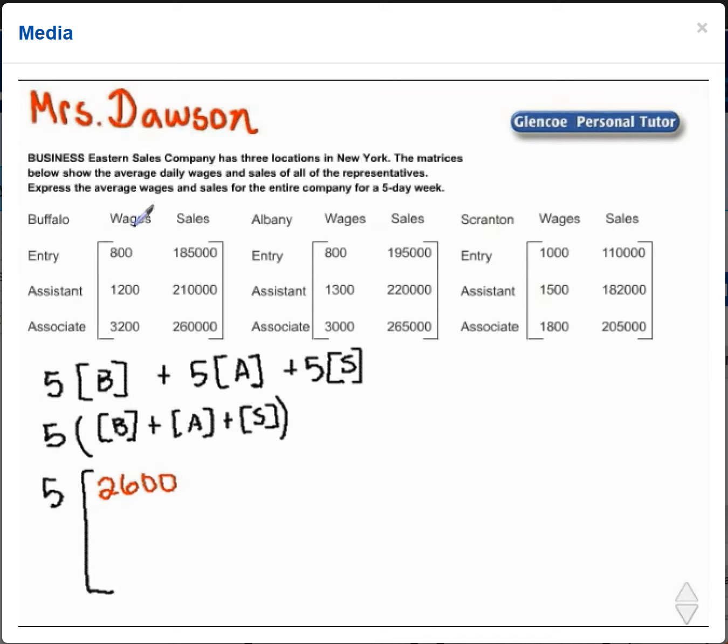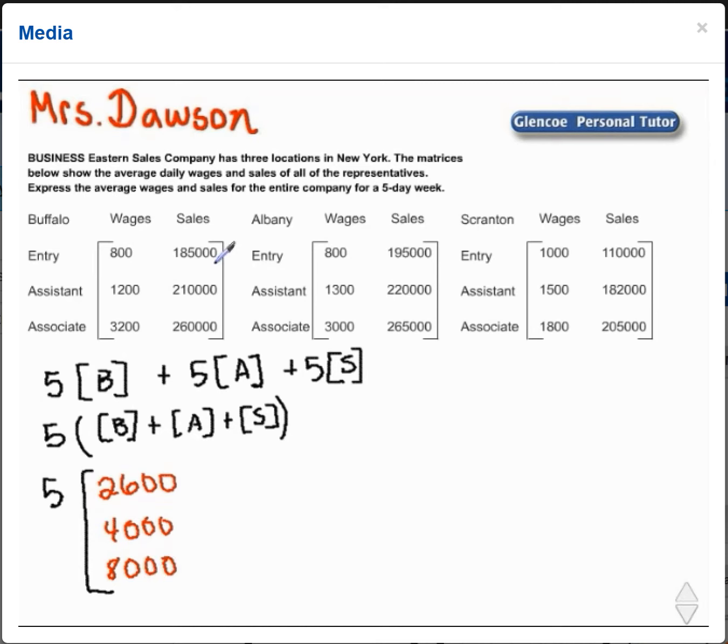The wages for the assistant would be $1,200 plus $1,300 plus $1,500, and that is $4,000. The total wages for the associate, $3,200 plus $3,000 plus $1,800 will be $8,000.